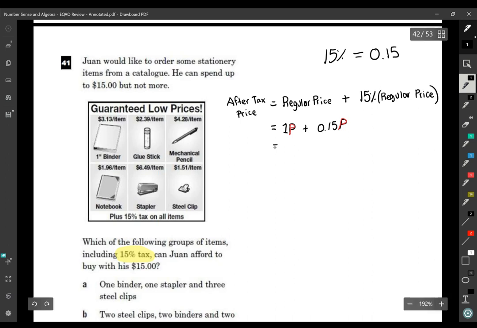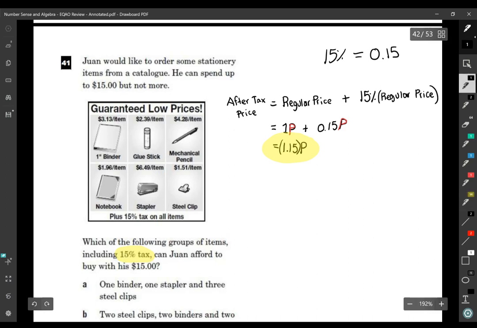So I can simplify this and turn it into 1.15P. 1.15 times P is going to be equal to the after-tax price. I just want to make sure you understand, because I'm going to be using this product to get the after-tax price, and I want you to understand where it came from.